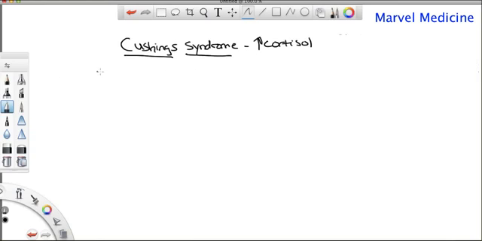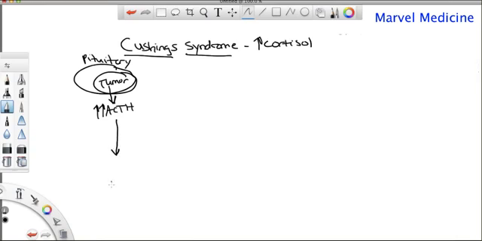Now, the first place you can get Cushing syndrome from is a tumor in the pituitary gland, okay? If I have a tumor in the pituitary gland, what is it releasing? ACTH, right? Lots of it. A lot of ACTH. Now, what is this ACTH doing? It's going to my adrenal gland, right?